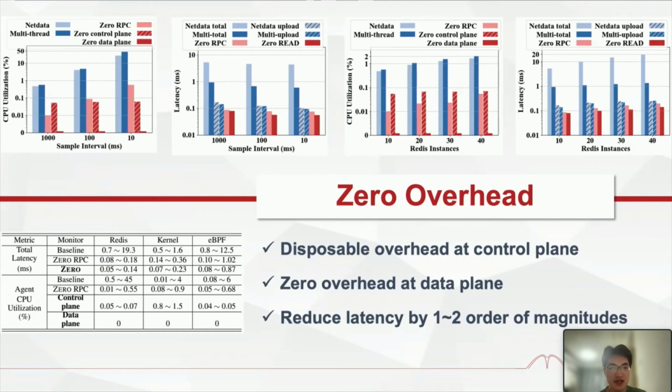Also, the data plane has 0 overhead, as expected, because the agent process is not involved after all metrics are registered. Besides, Zero also reduces latency by 1 to 2 orders of magnitude compared with the TCP baseline. Here we only present the details of the Redis case. You can refer to our paper for more details of the other case studies.